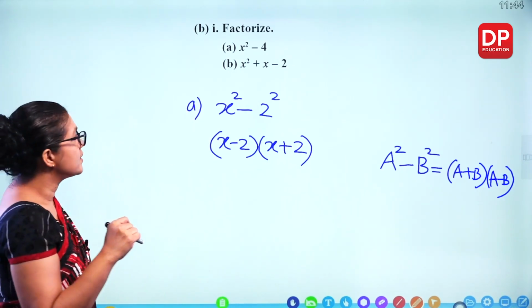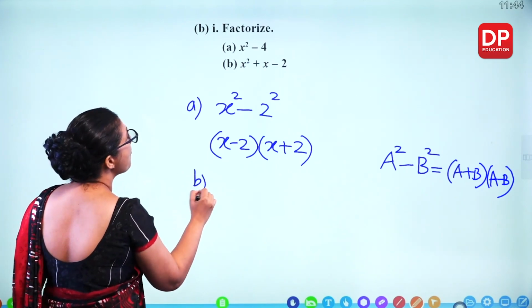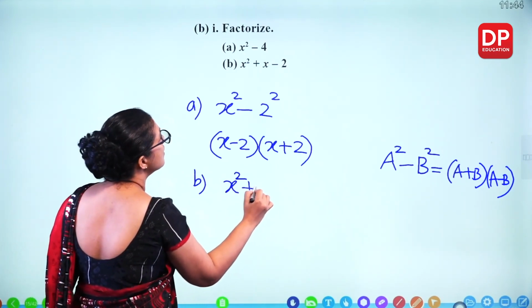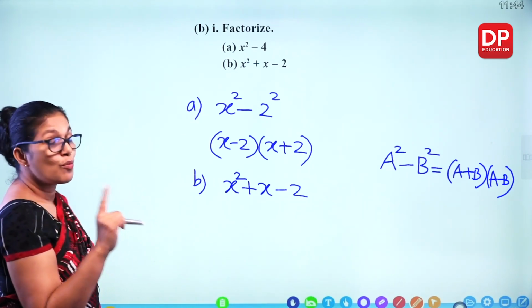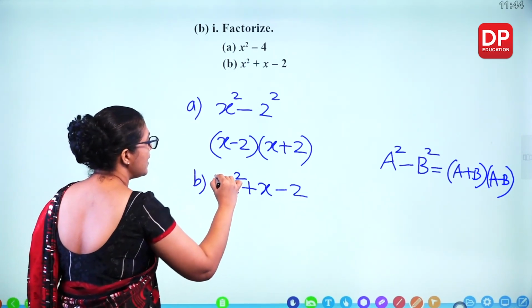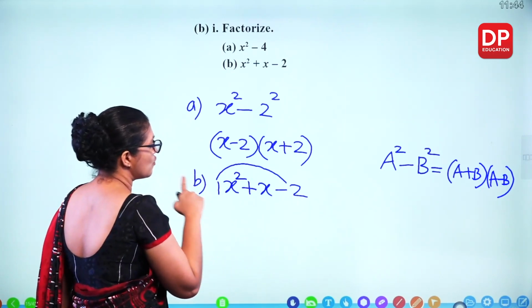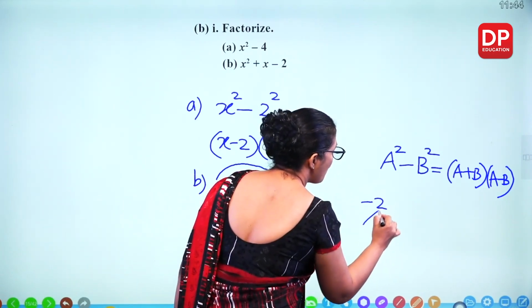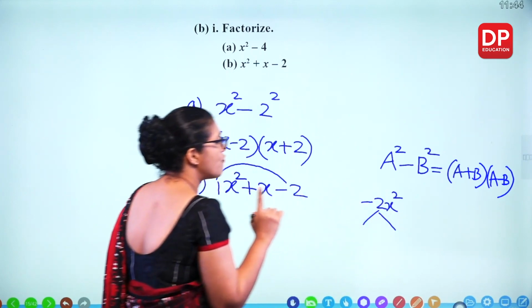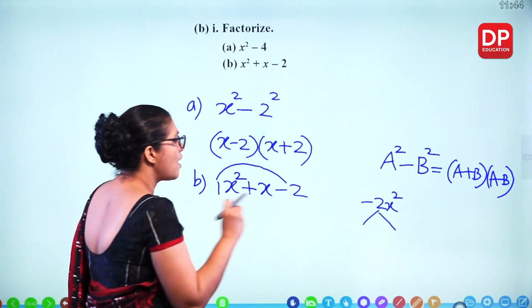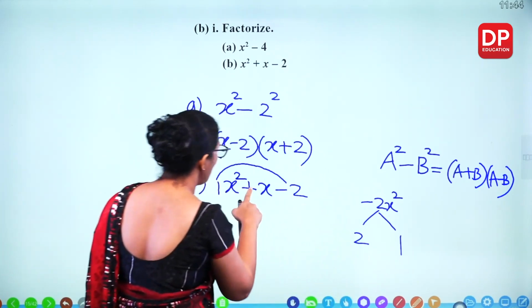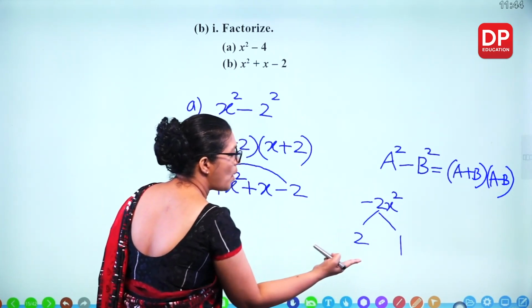Those are the factors. Part B, this is a quadratic equation, factorize. So what we do, we multiply this term with this. So you get minus 2x squared. Find out the factors of minus 2. Minus means you are taking the difference. The difference is equal to plus 1. So 2 and 1.